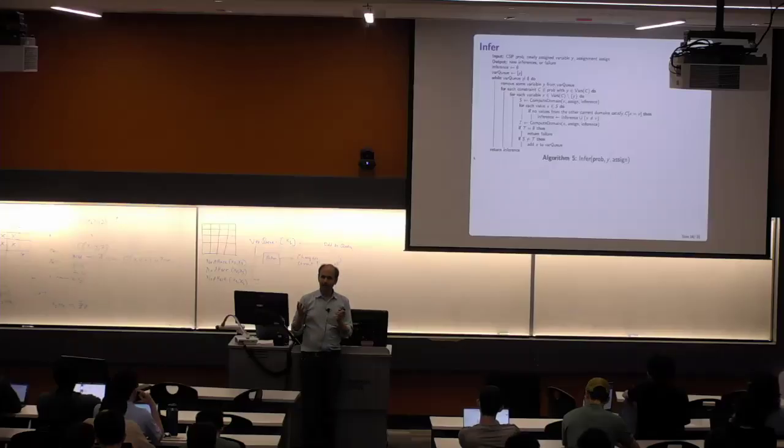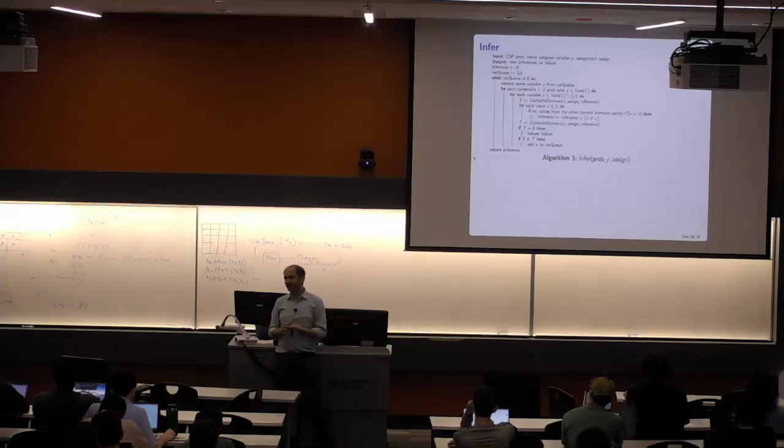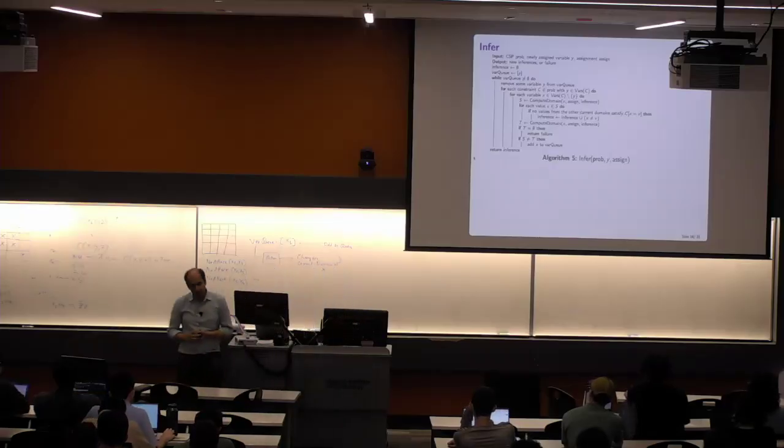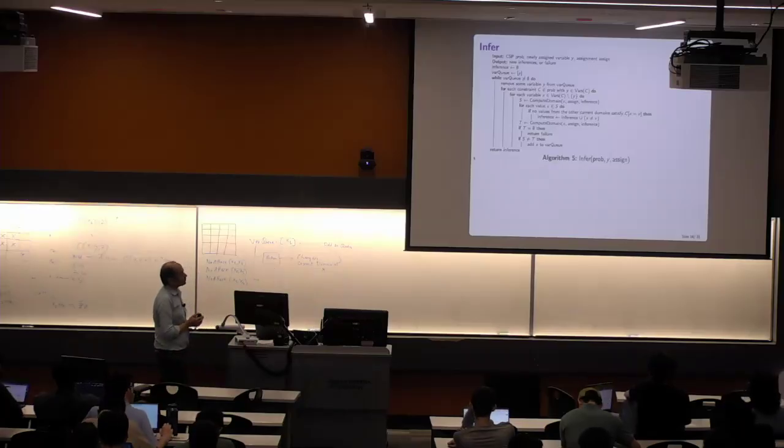Remember, AI is all about trade-offs. You can save on time at the risk of inferring fewer things, right? So of course you could save on time by not even running this algorithm. We already saw that that's not always a good idea, right? So now we have to find other balances. So looking at this algorithm, can you think about the opportunities of improvement?